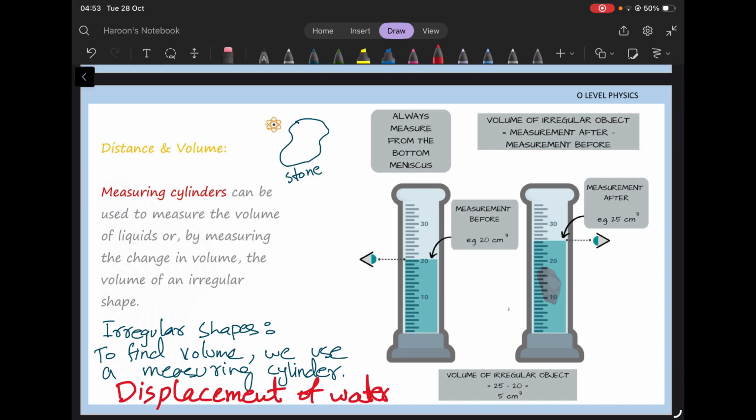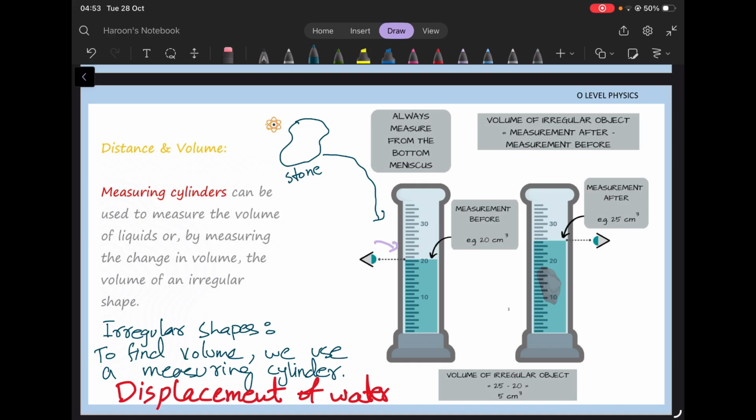So what we do over here is, we take a measuring cylinder, we pour some water inside it. The water should be enough so that this entire irregular object, for example this stone, can actually go inside, the entire stone can go inside the water.